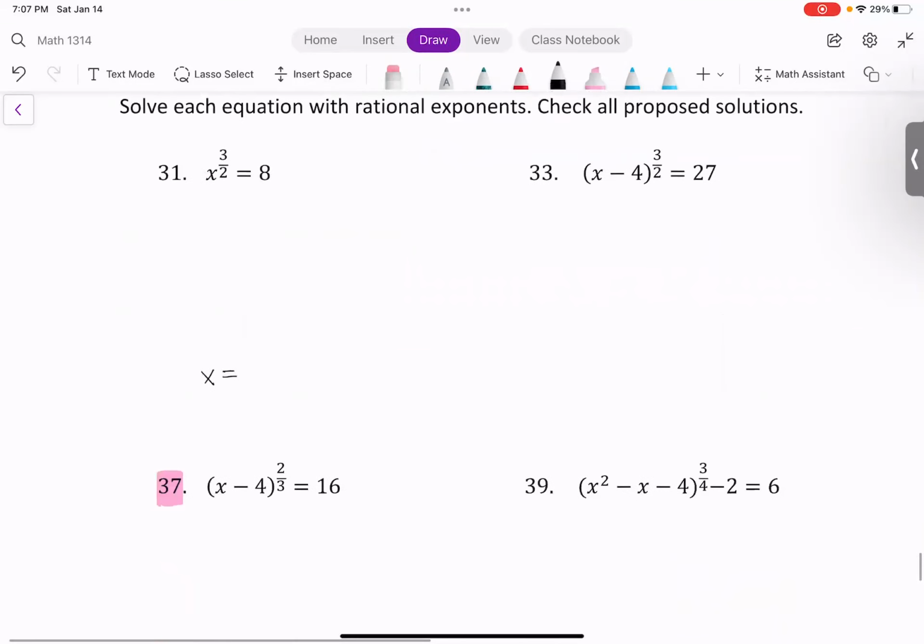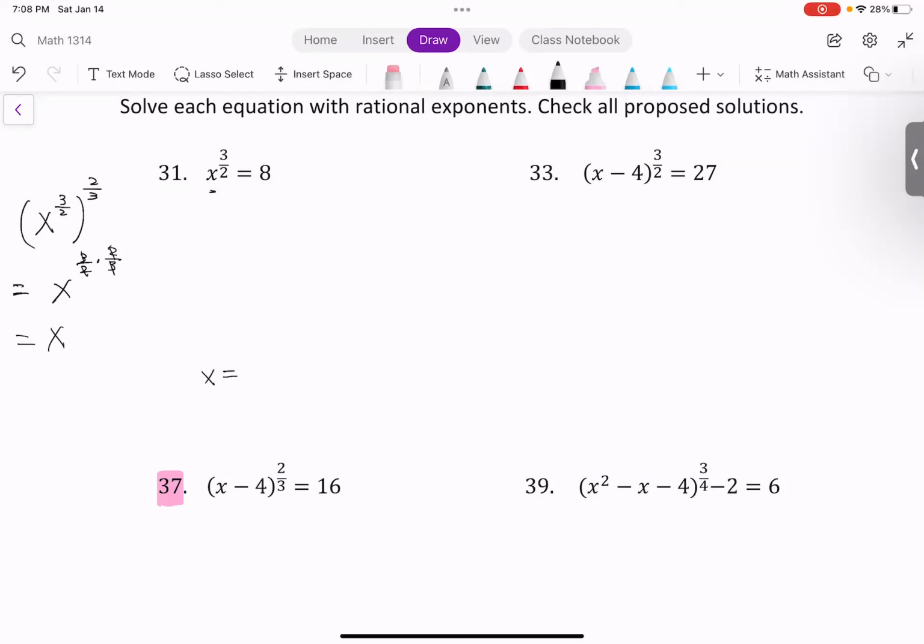So if we have x to the 3/2, I just copy this one here. Then I raise it to the 2/3. What do I have? We have x to the 3/2 times 2/3. So the multiplication of these two fractions makes 1.